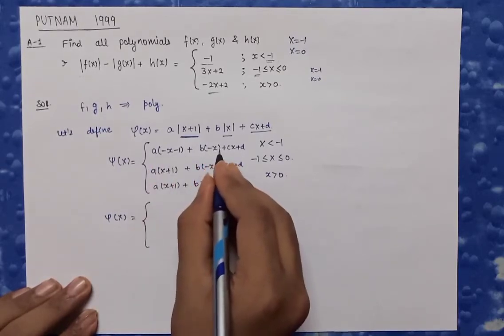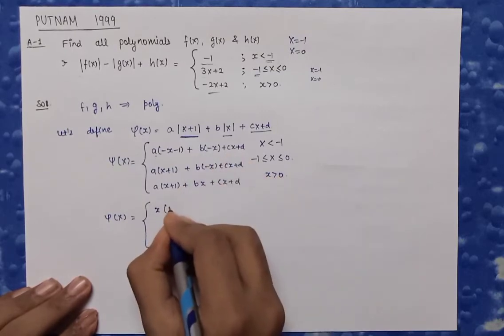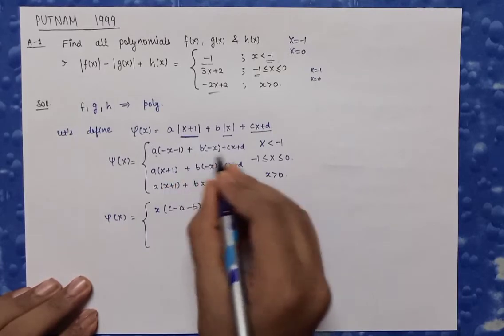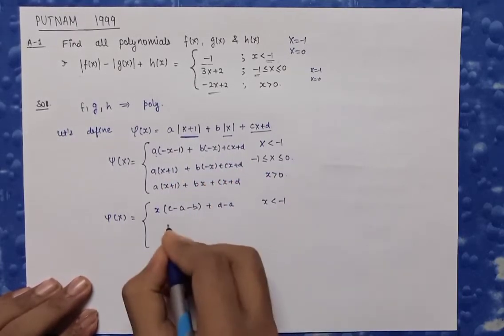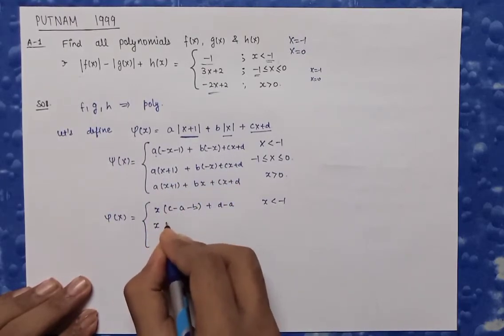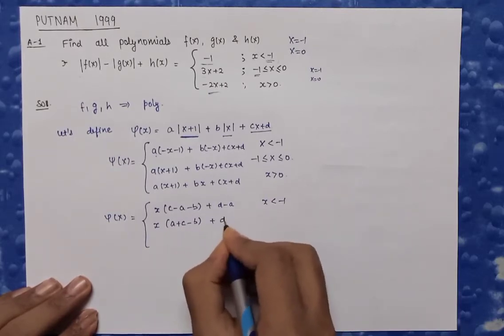Here if I take x common, then I will get (c minus a minus b) x plus (d minus a) when x is less than minus 1. Now in the middle interval, taking x common, I will get (a plus c minus b) x plus (d plus a).